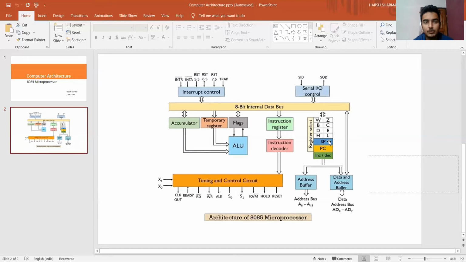For example, if we have a container, that is a biscuit container, and we want to put biscuits in that box, we will put them one by one, and the last biscuit that we put in, we will take out first.